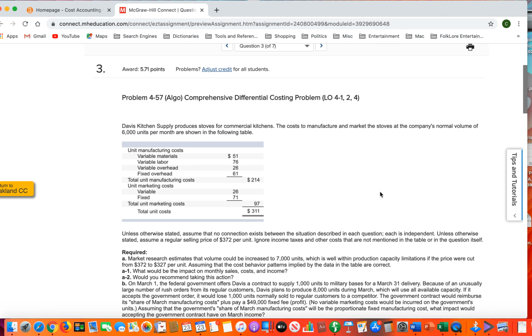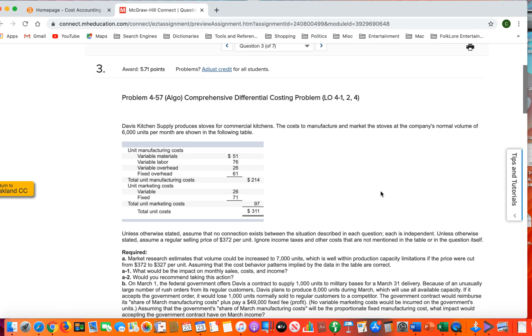Multiply that by 8,000 and subtract the variable cost from sales, you get your contribution margin. And the fixed cost is still the same, 684,000. The fixed cost is the same, folks. And so you come up with your operating income. Again, my numbers are different, so that's why.